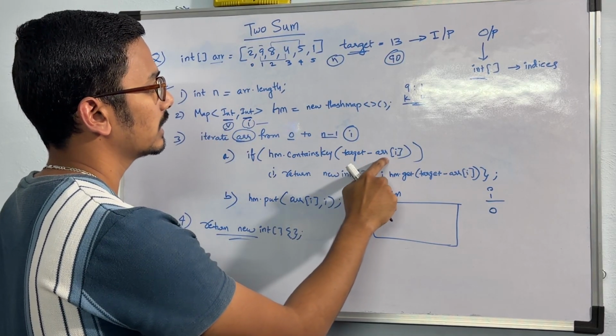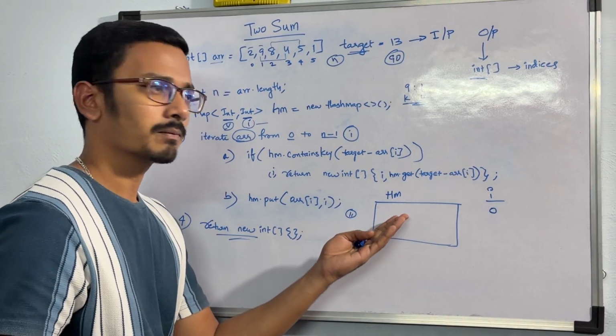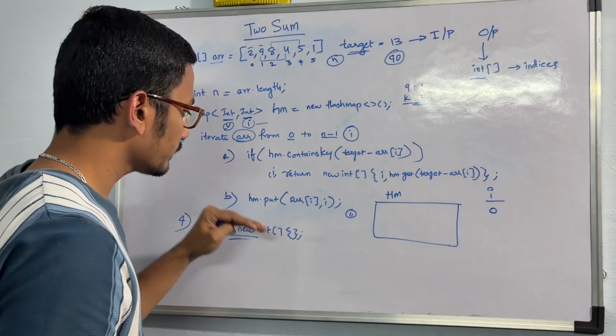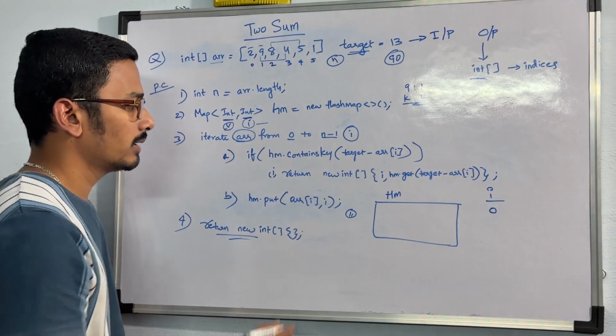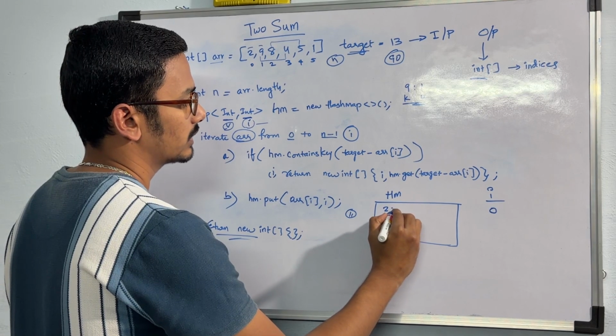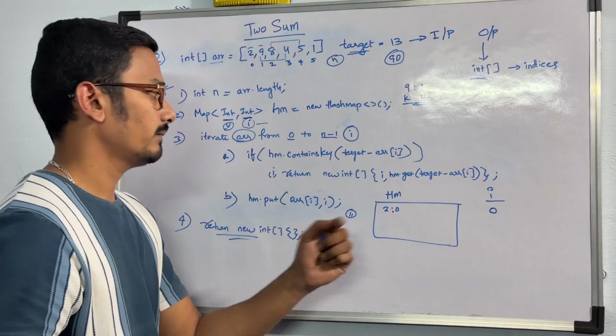Target is 13, 13 minus 2 is 11. The hash map is initially empty, so this condition fails, we don't go inside the if block, we directly come out. So the first element 2 is the key and 0 is the value. That is the first mapping we keep.